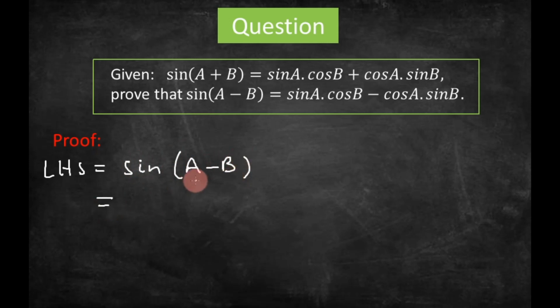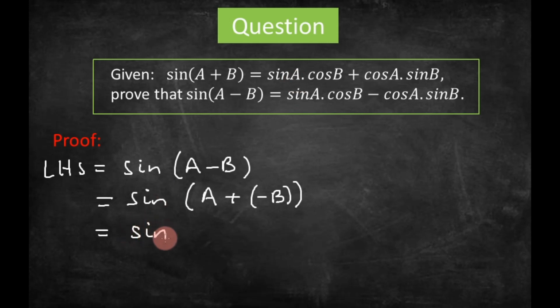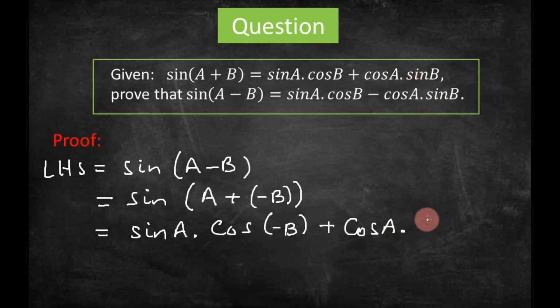And we basically rewrite a minus b as a plus negative b. Now we use the expansion for sine of a plus b, but instead of b, we're going to write negative b. So it's a sine of a times the cos now of negative b plus the cos of a times the sine of negative b.